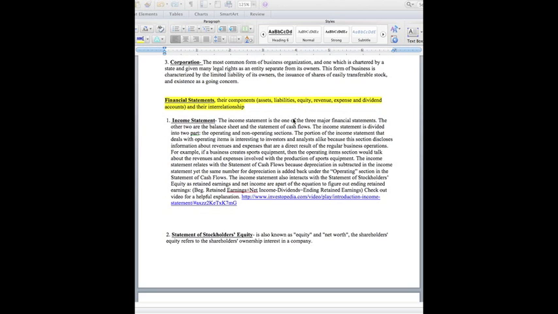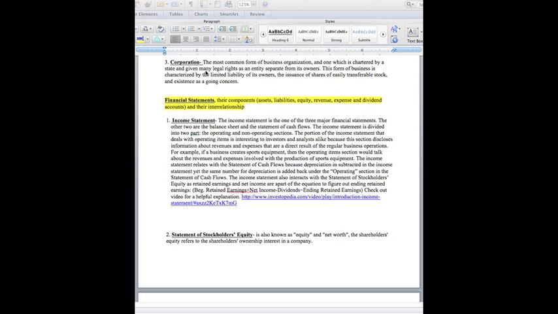It's the easiest to transfer stock. But usually corporations deal with larger entities as opposed to sole proprietorships and partnerships.